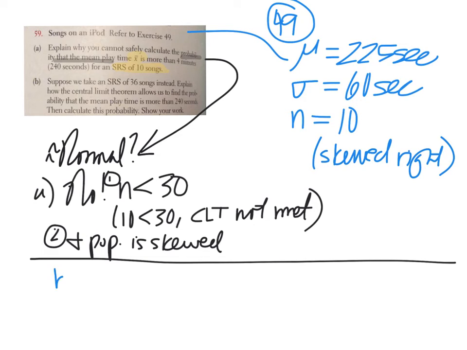But for part B, suppose we take a simple random sample of 36 songs instead. So explain how the central limit theorem allows us to find the probability that the mean time is more than 240 seconds, and then calculate it. So obviously here 36 is greater than 30. So the CLT applies.